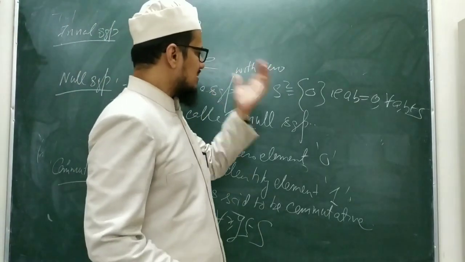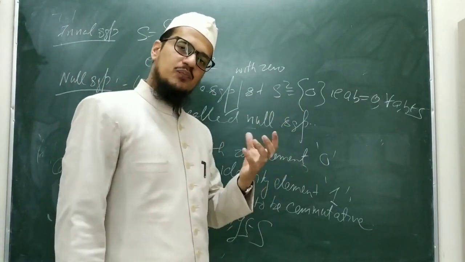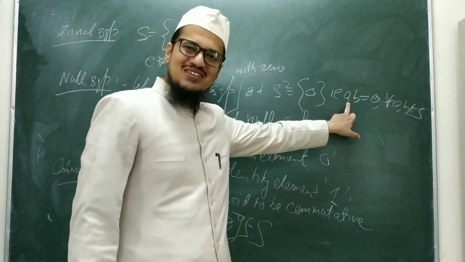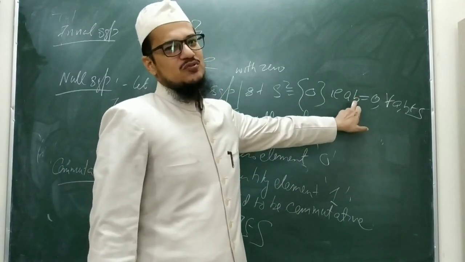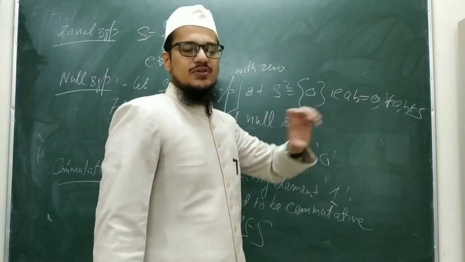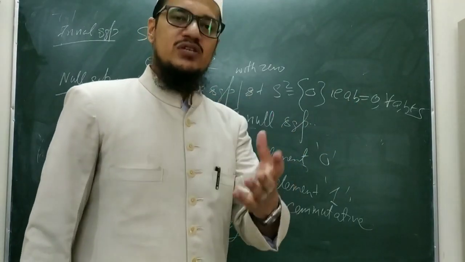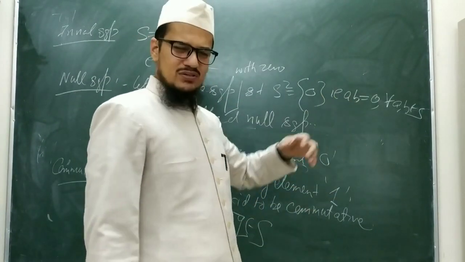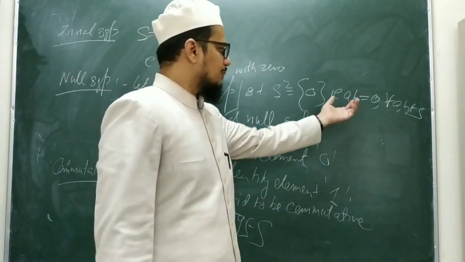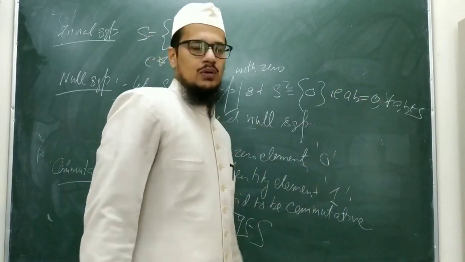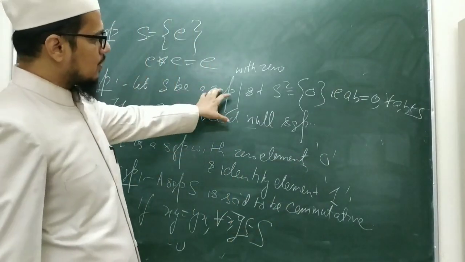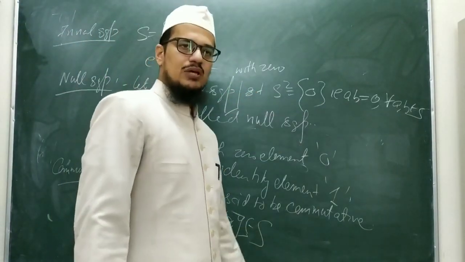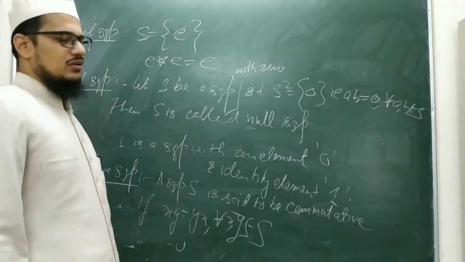So in a null semigroup, if you take the product of any two elements, product means not the usual product here. The operation is always between A and B. The operation is binary with respect to which S forms a semigroup. So for simplicity we just say that the product of any two elements will be 0. So first you have to take a semigroup with 0 such that S square is equal to 0, that is AB is equal to 0 for every A, B belongs to S. Then S is called a null semigroup.